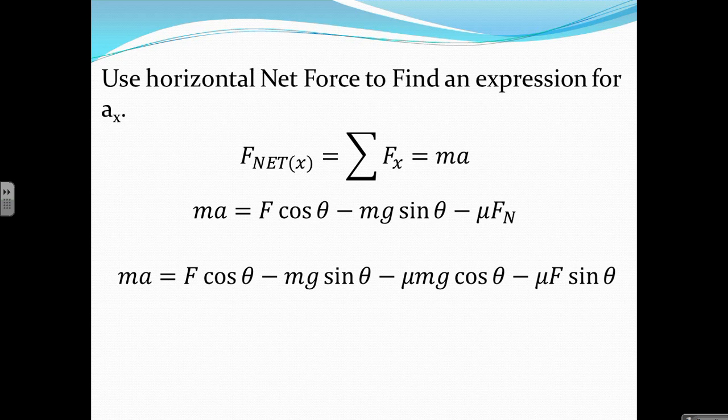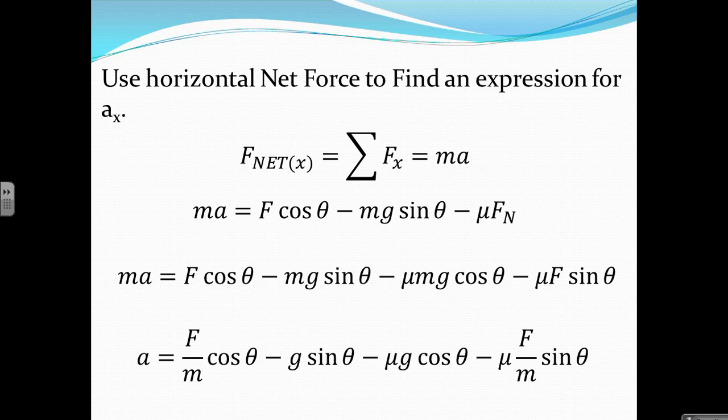Now they asked us for the expression to be solved for acceleration, so we'll divide both sides by mass. That leaves acceleration alone on the left. That's equal to F divided by m cosine theta minus, the m's cancel out in the second term, g sine theta minus, here we have the mass canceled out, mu g cosine theta. And then finally, we have a force in the numerator here, that would be mu F divided by m sine theta.